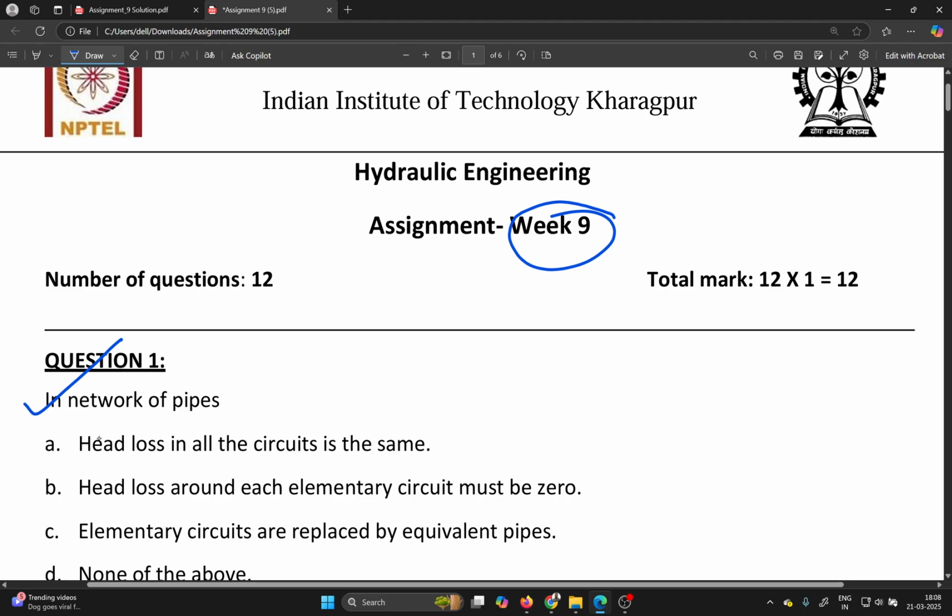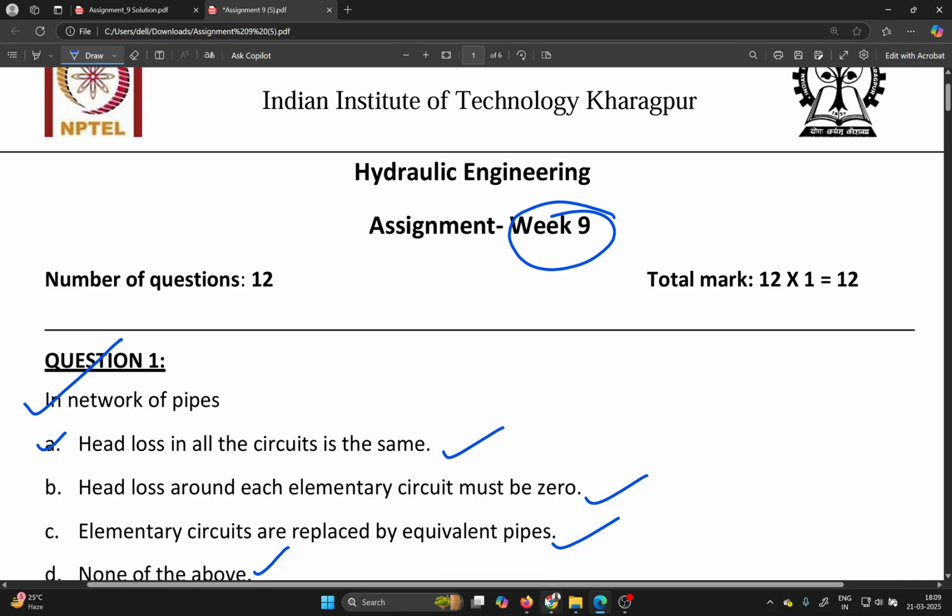In network pipes, first option, head loss in all the circuit is same. Head loss around each elementary circuit must be zero. Elementary circuit are replaced by equivalent pipes. None of the above. Which option will be correct for question number first?